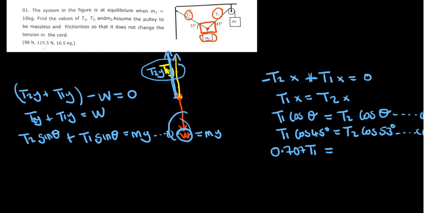Cos 53 is giving 0.6018. Okay, let's keep it to 3 significant figures.